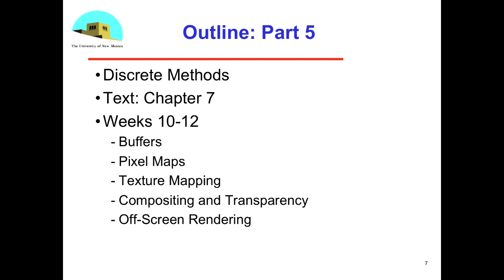But really the primary things we're concerned with are texture mapping, where we can take fairly simple objects and make them look very complex by mapping images on top of them. There are a number of variants of texture mapping we'll talk about. We'll talk about actually three things here. We'll talk about compositing things together. How do we add transparency? All the examples I showed you so far had surfaces which were opaque.